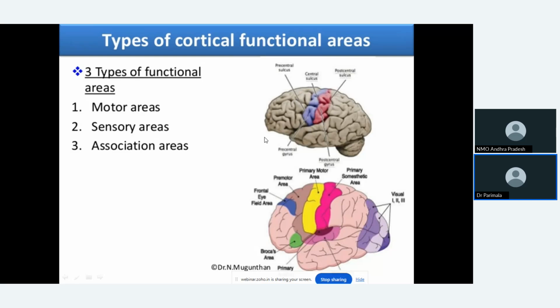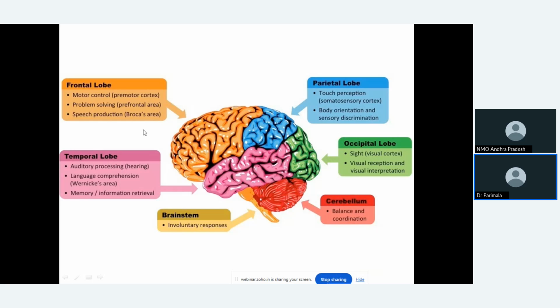As I have told you just now, the frontal lobe is for motor control and also production of speech. Talking is also motor activity because the muscles of mastication, tongue, pharynx and larynx are all moving. Moving means motor activity. So motor speech is also under the control of the frontal lobe.